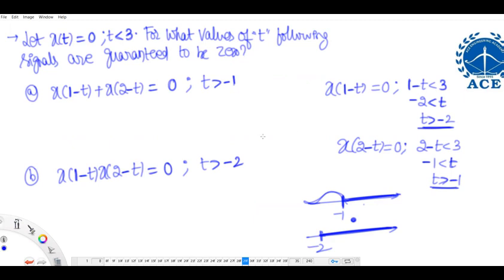First you solve. As x of t is 0 for t less than 3, x of 1 minus t is 0 for which time? Replace t with 1 minus t and solve: t greater than -2. For x of 2 minus t, t greater than -1. If I am doing addition, both signals are 100% 0 for t greater than -1. But if I take the product, 0 multiplied by any shape is 0, right? Yes, sir. So it is 0 for t greater than -2. Okay, sir. Thank you.